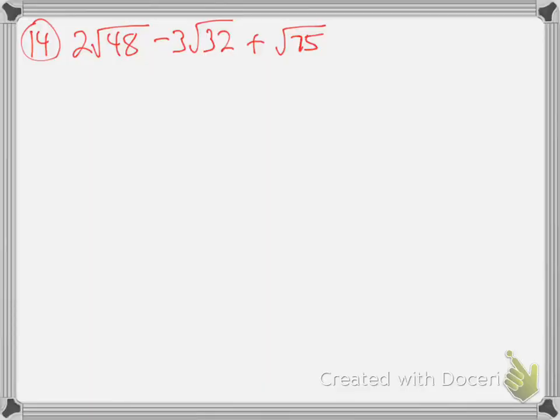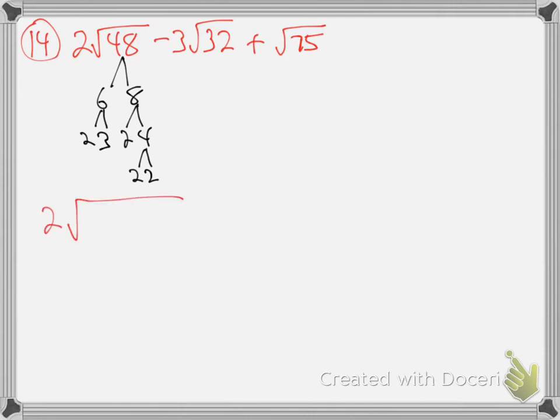Okay, so we're supposed to simplify all these things. There's nothing in any of these hooks, so they're all 2 roots. Let's break down the 48. 6 times 8. 2 times 3. 2 times 4. 2 times 2. So what does that give me? That gives me 2 square root of 1, 2, 3, no, 4 2s, and a 3.